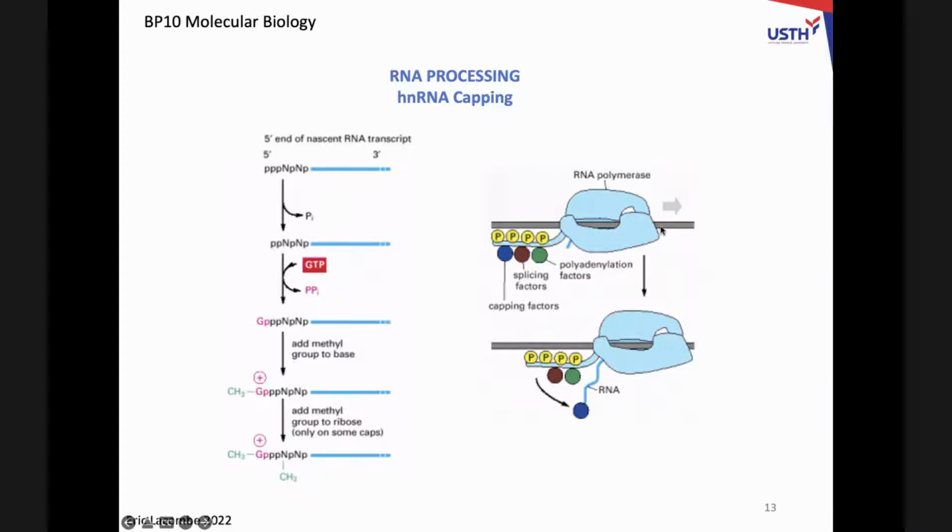So here, in this drawing, in gray is the genomic DNA, and in blue is the polymerase. You see the C-terminal domain of the polymerase, and you see it's phosphorylated. On the top of this drawing, the polymerase has arrived at the core promoter, was phosphorylated, and is already transcribing.